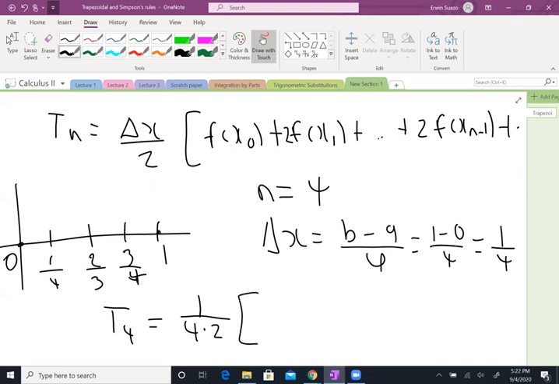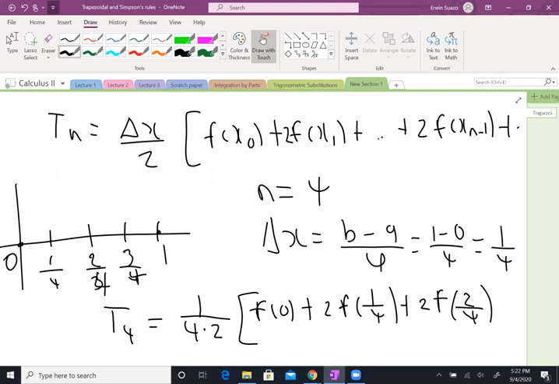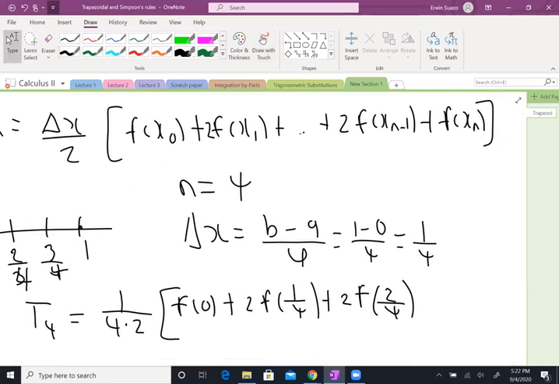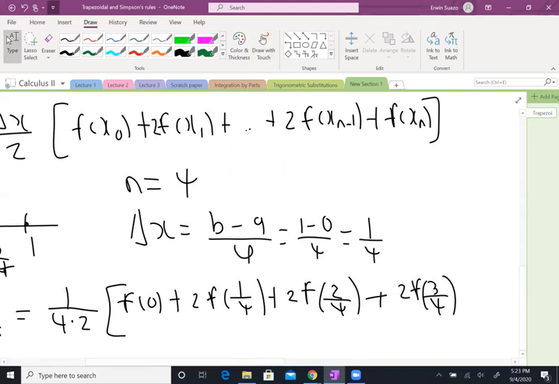Then f of 0, plus 2 f of 1/4, plus 2 f of, oh sorry, it's 2/4, not 3/4, 2 f of 2/4, plus 2 f of 3/4, then plus f of 1.